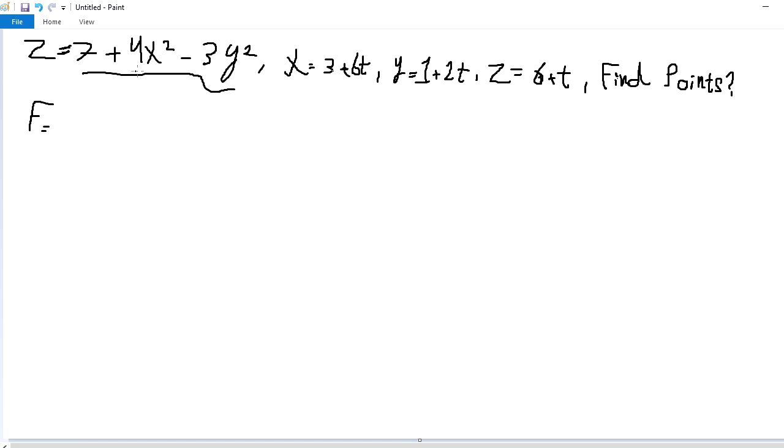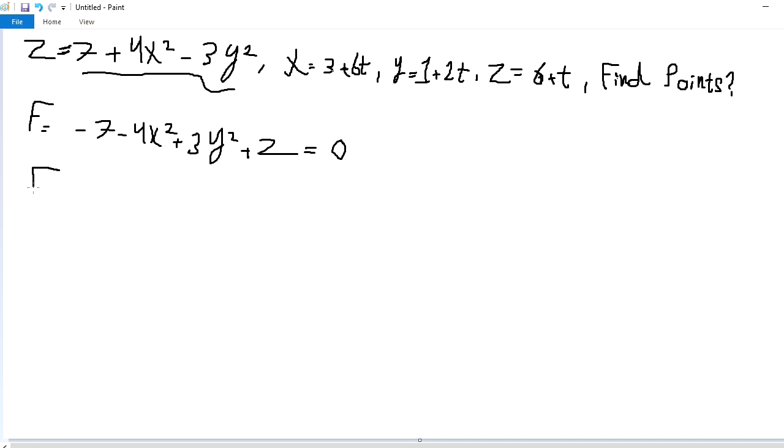You need to move those values to the left side. So we need to write negative 7 and then negative 4x square and then plus 3y square and then plus z. The z is not moving, it's still here, and then equal to 0. So this is the first step.